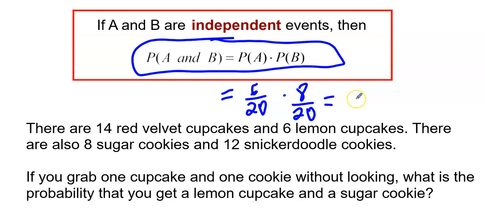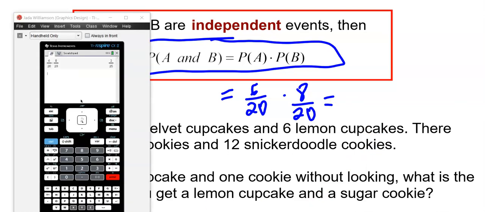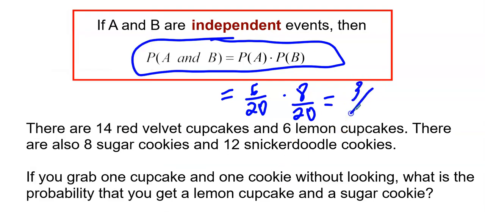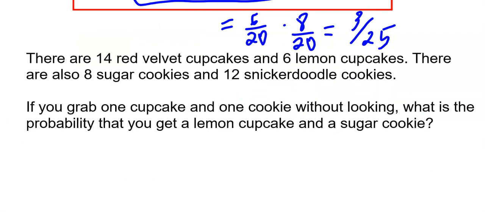Then just get your calculator out and multiply those, and you get 3 out of 25. Of course, that's a simplified answer. You always want these in simplest form. So 3 out of 25, which is about a 12% chance of that happening. So those are independent events.